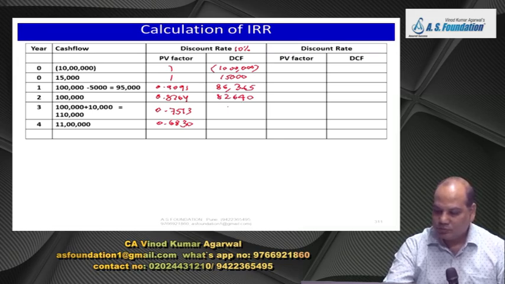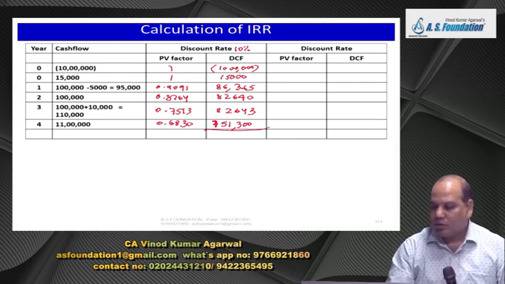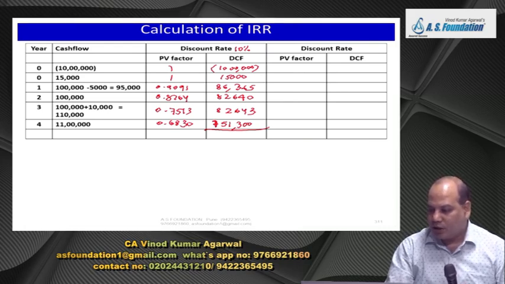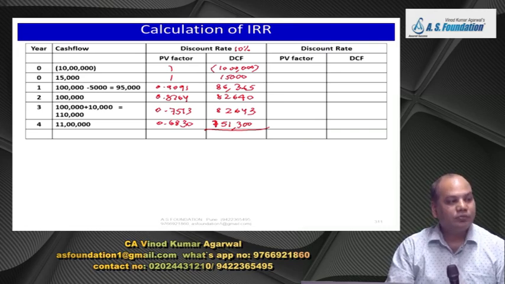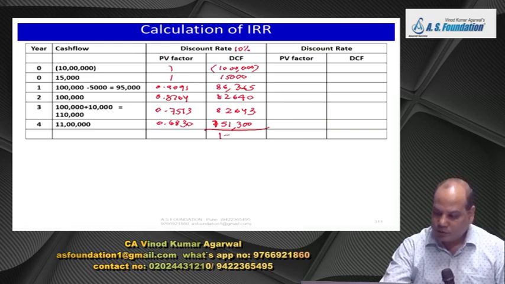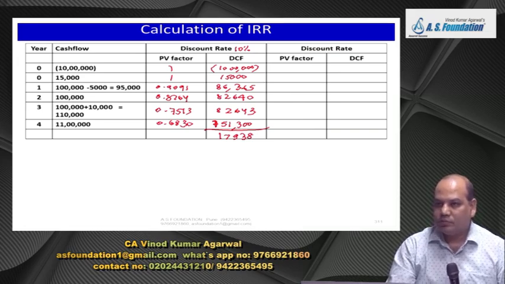This is how much? 82,643. Is it right? 82,643. And the last one? 7 lakh 51,300. These are the cash flows and their present values. Tell me the final total minus 10 lakh also after deducting 10 lakh from all numbers. 17,938. Positive or negative? Positive.